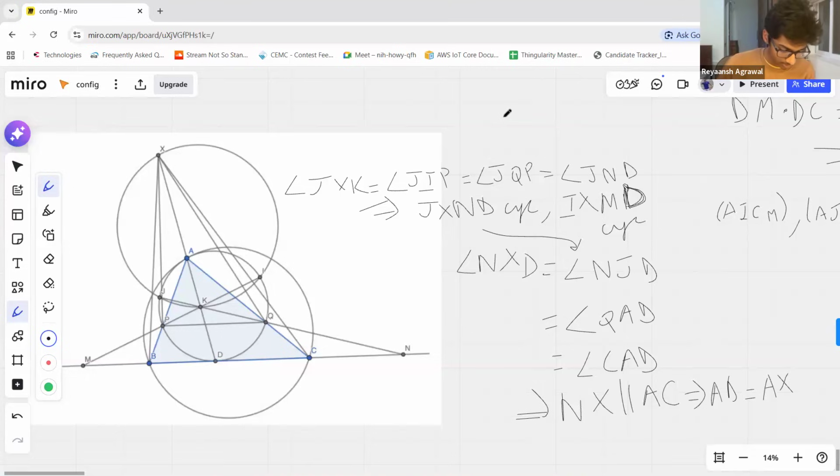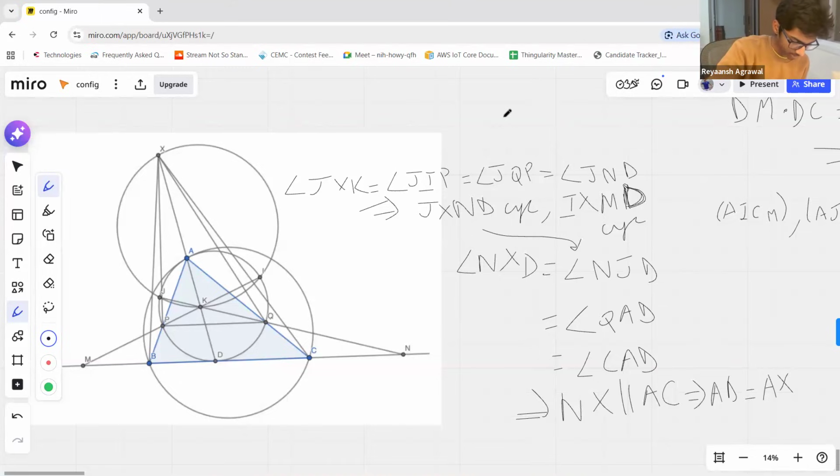Right? So now this lets us delete most of the points in the diagram. For example, I think we don't need J and I anymore. I can't delete any points in the diagram because the points are already there, but we do not need J and I anymore. And now, how do we continue from here? We want to show that BXP is equal to CXQ. Remember that.